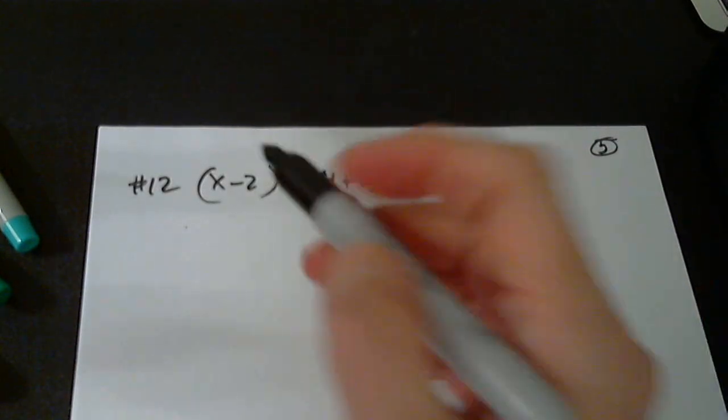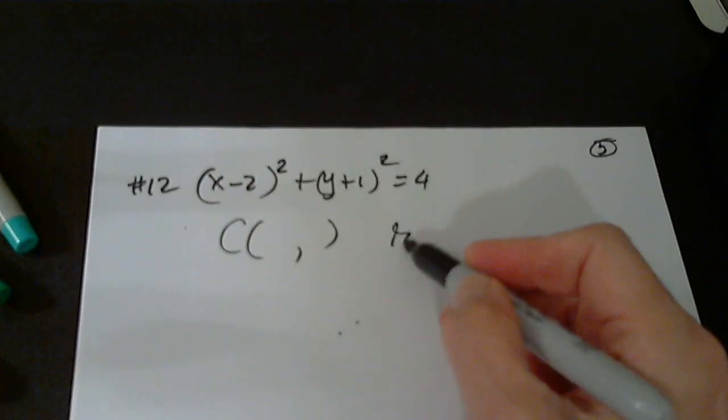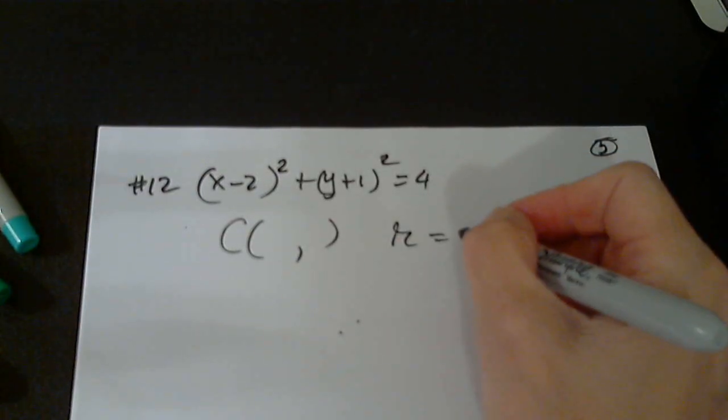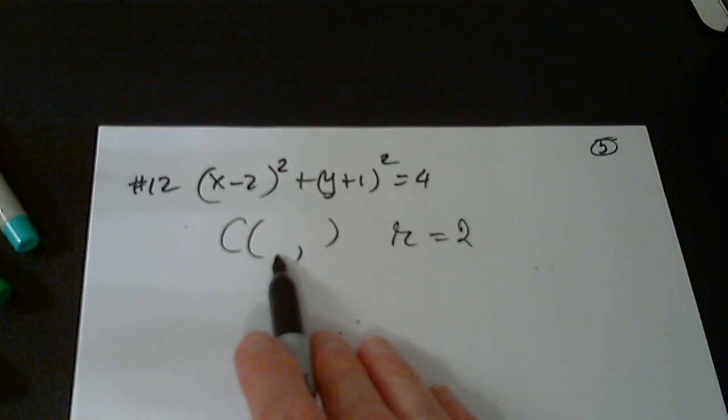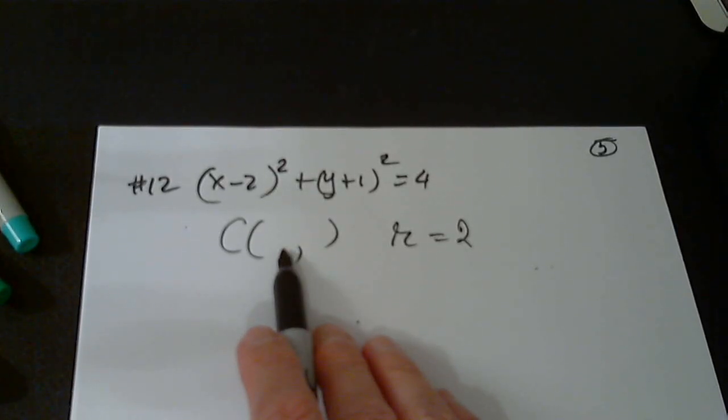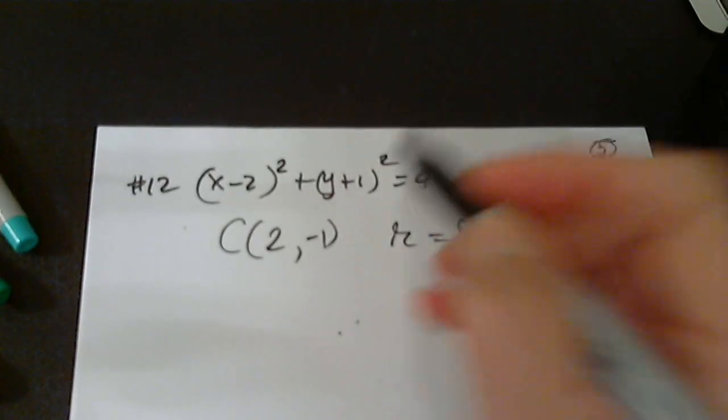If you say yes, then give me the center and give me the radius. If you say no, then you cannot give me a center and you cannot give me a radius. Radius 2, good. And the coordinates of the center? 2, -1. Awesome.